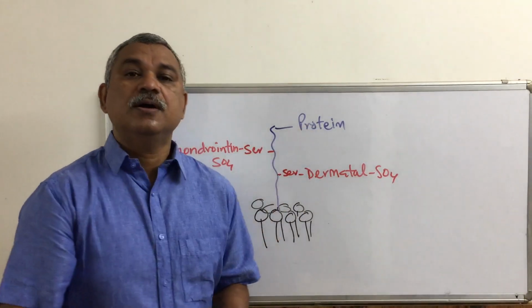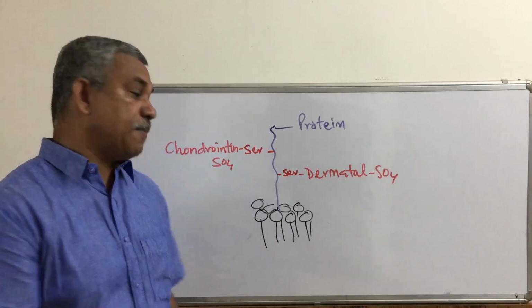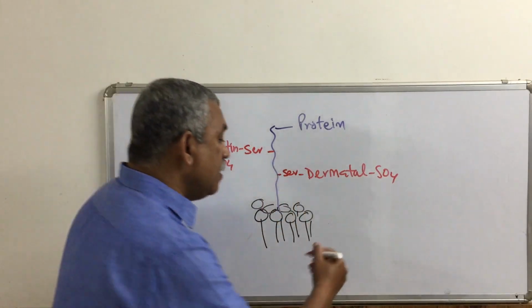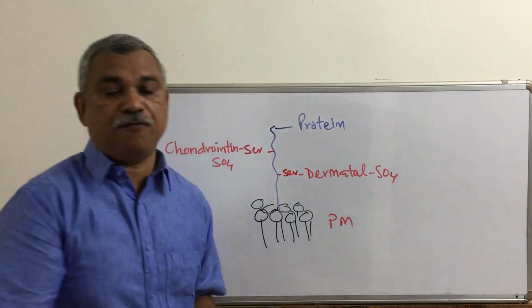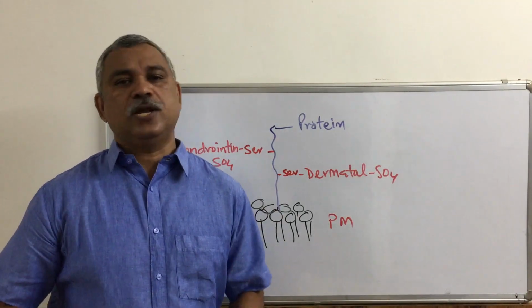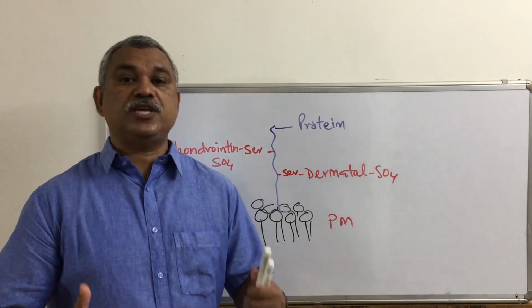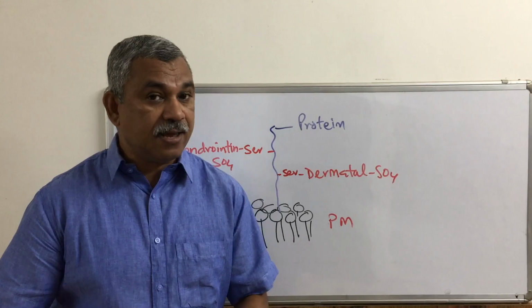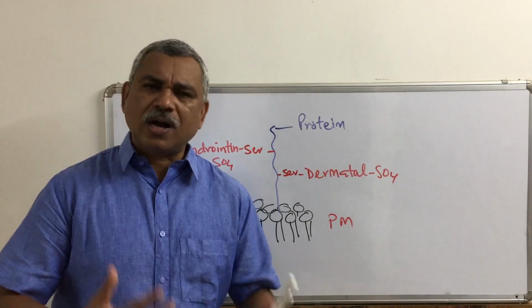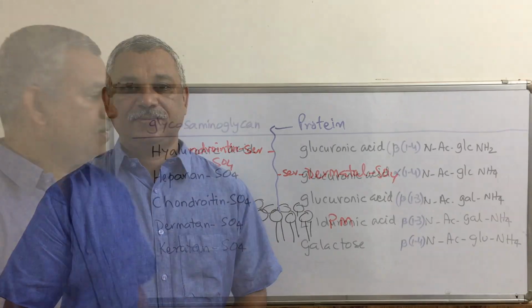So this is how mucopolysaccharides are arranged in the extracellular matrix or embedded in the plasma membrane of a cell. This is the general structure of a mucopolysaccharide. Now we will look at the structure of each of these mucopolysaccharides in detail, and also at the functions they carry out.